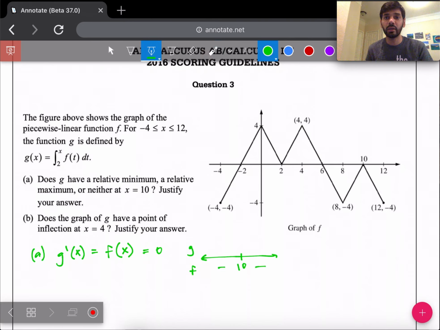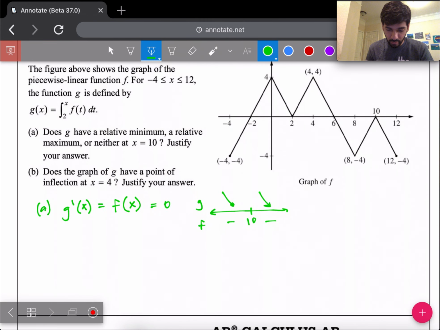Negative, negative, which means that g is decreasing, decreasing. So if I think about what's happening at the point x equals 10, my graph of g is going down, and it's leveling off here. It's going down, levels off, and then it goes down again. So this is neither. This is going to be a neither.